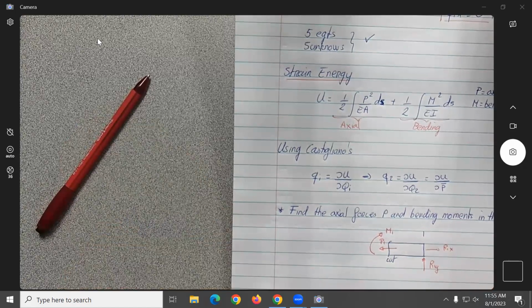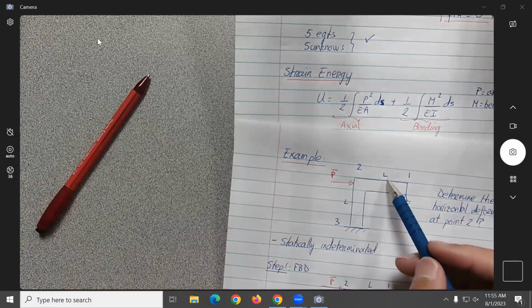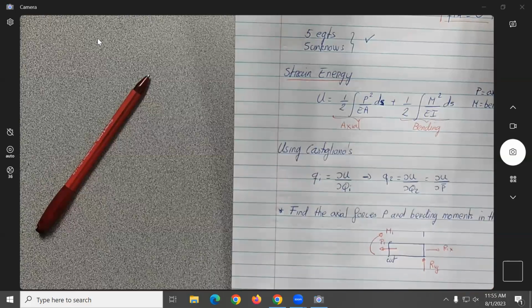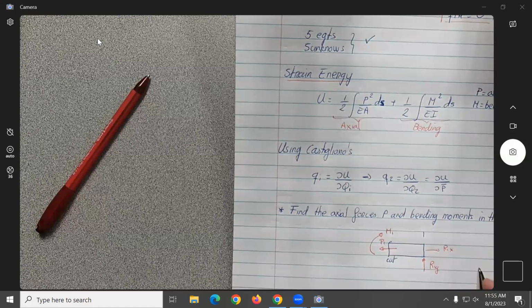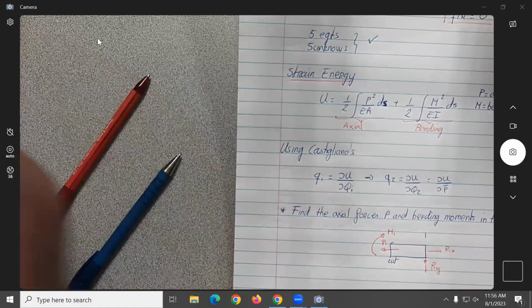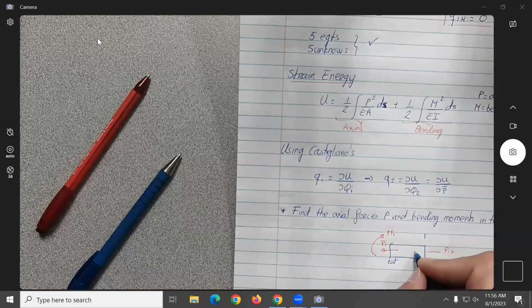Okay, so basically what we have done is what? We start from point 1, we made a cut here, no? Okay, so let's say that this distance is S, we're going to move from this point over here.